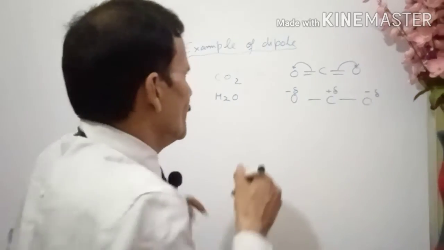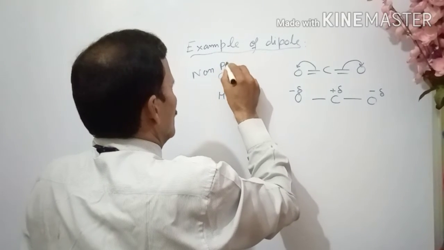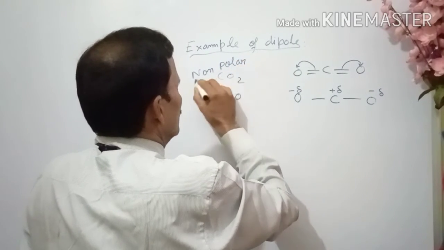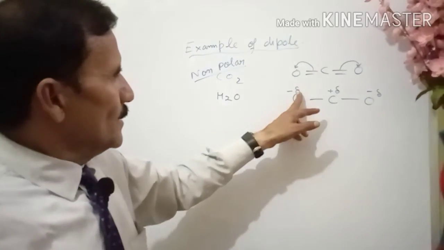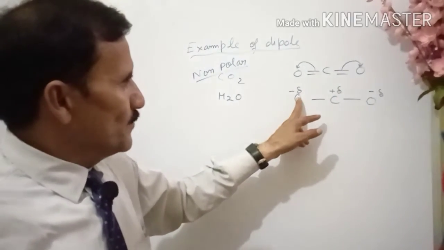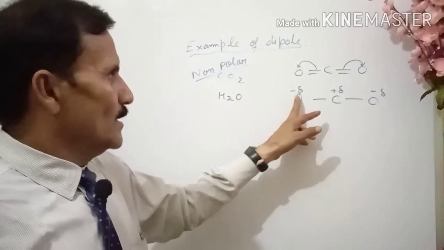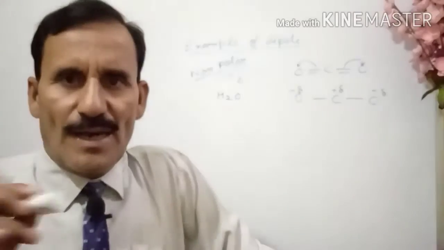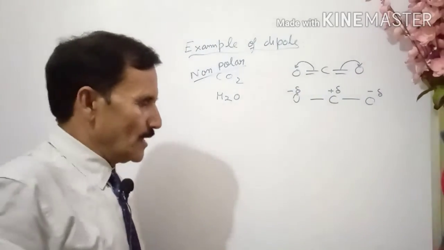So this is non-polar. There is no net electric dipole. Why? Because they are parallel, so they cancel out each other. Okay? Parallel and opposite in direction.